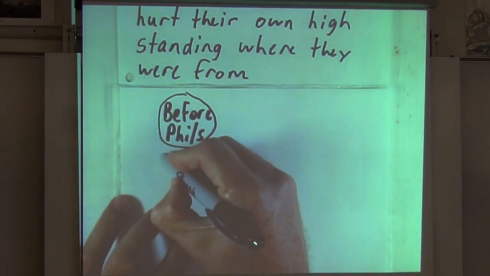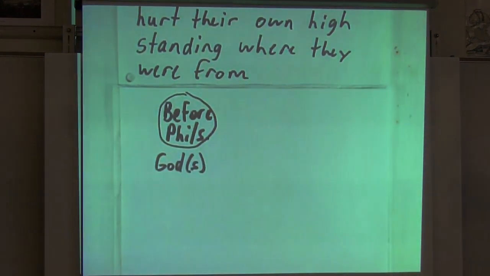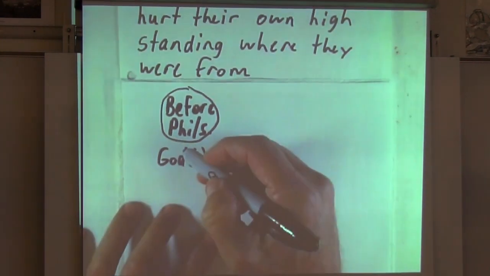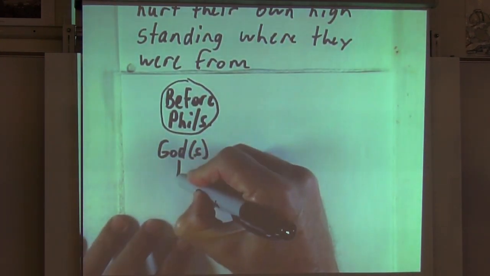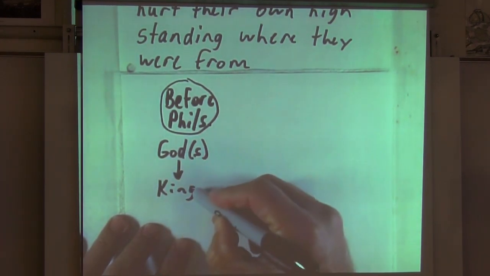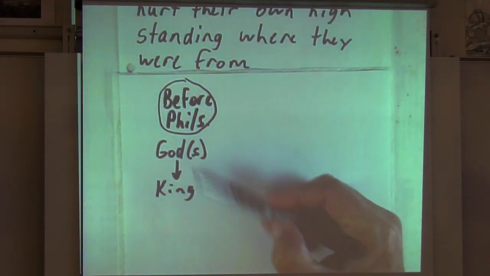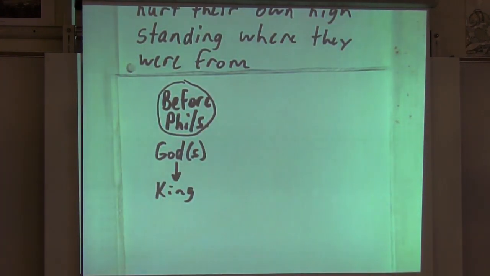Well, there was God, or in even more ancient times in the polytheistic societies, there were gods, okay? And then who was right below the god or the gods? Well, the king, the pharaoh, the emperor, the queen. And how did that person become the king, the pharaoh, the emperor, the queen, whatever, the dictator? That person was chosen by God, chosen by the gods, okay?